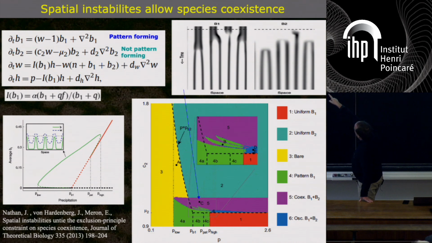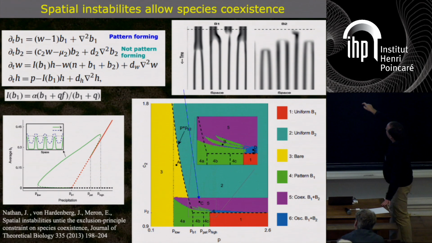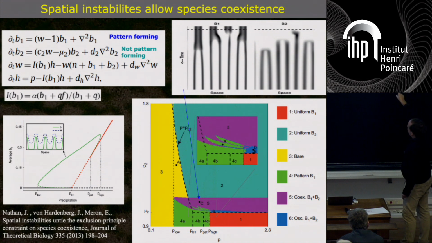As before, we have a lowest precipitation where the pattern can exist and a highest precipitation where it can exist, P low and P high. In the slide, they are basically that green band you can see there. That's the range where a pure pattern of B1 can exist.